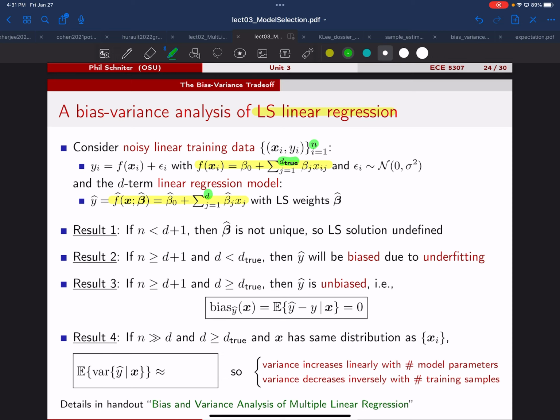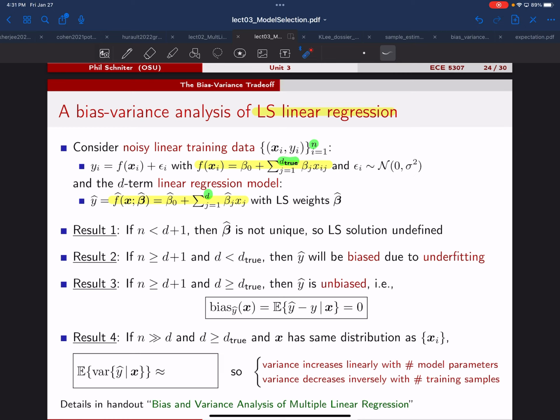Let's break this down into 3 different cases of what can happen. The first case is when the number of samples in our training set n is less than the number of features plus 1. Do you remember what happens in this case? What's the shape of the A matrix? What are the dimensions? Is it square?